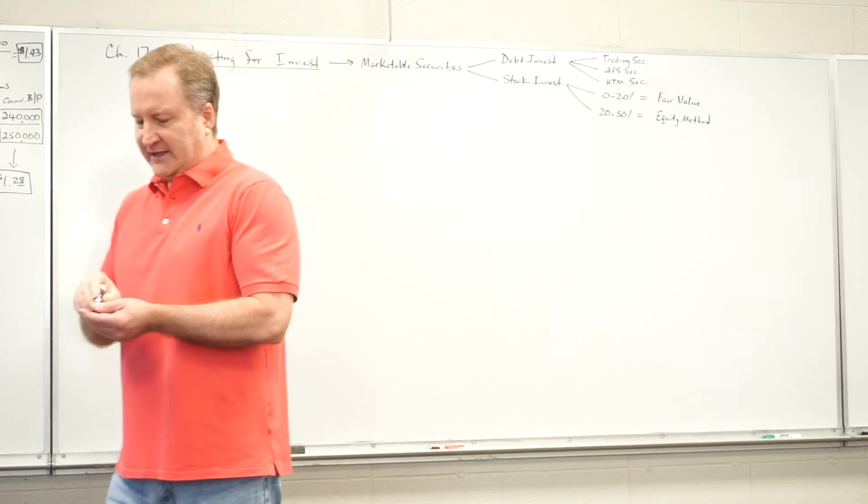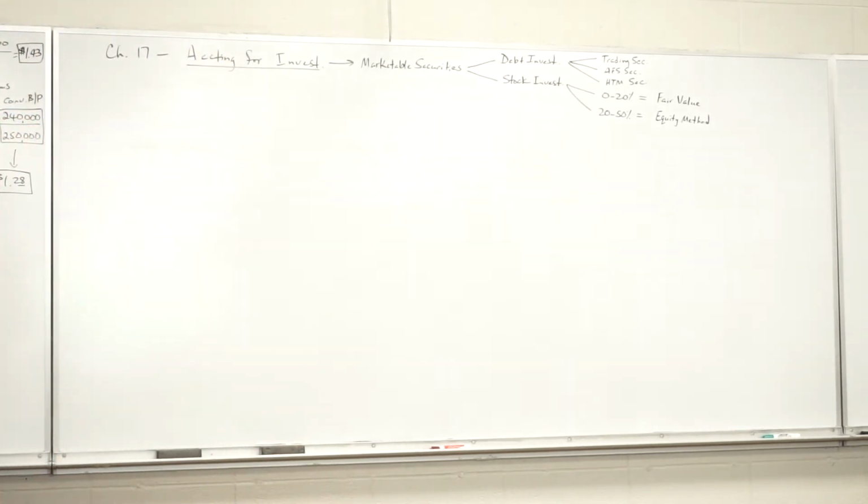But remember, instead of the percentage of ownership, what is the deciding factor in whether we use the fair value method or the equity method? The ability to exercise significant influence. That's the key. If the investor can exercise significant influence over the investee, then you have to use the equity method.